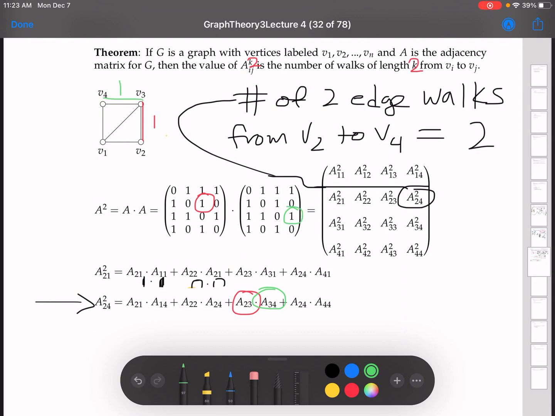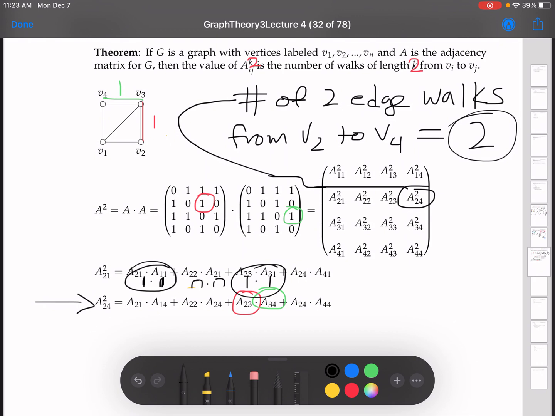That's that one. You see how that goes? They go together now, right, so 1 times a 1. So yes, the 1 is saying, yes, there is an edge from V2 to V3. And then the second one is saying, yes, there is an edge from V3 to V4. So a 1 times a 1 is a 1. That accounts for the other one. So there's one of them, there's 2 of them, that's 2 of them.